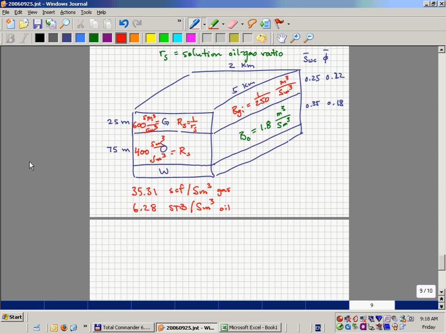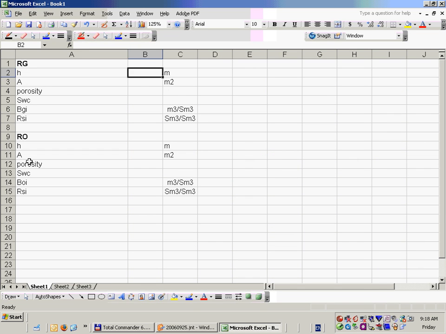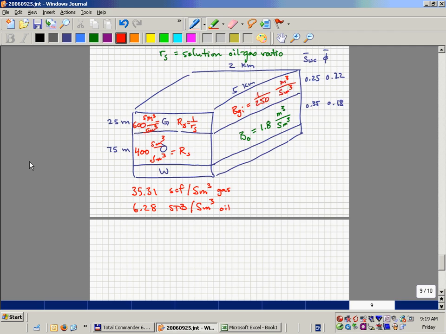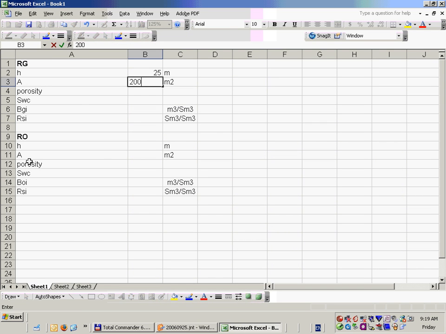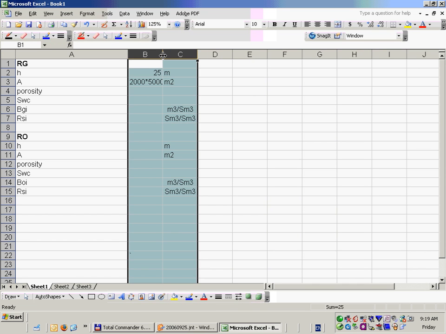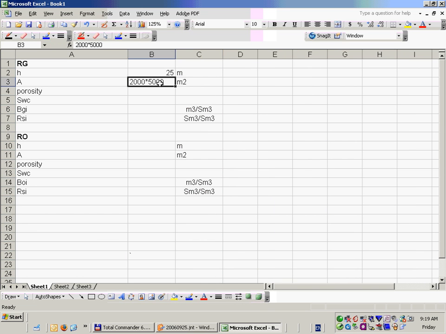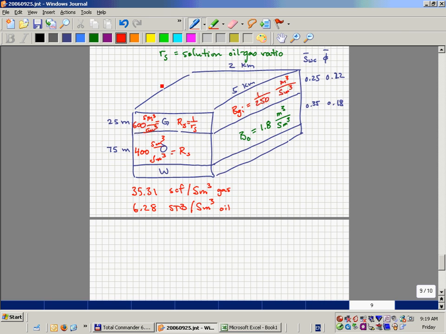Okay, we've got 25. Area is 2,000 by 5,000. And then we've got porosity was 22% in the gas.